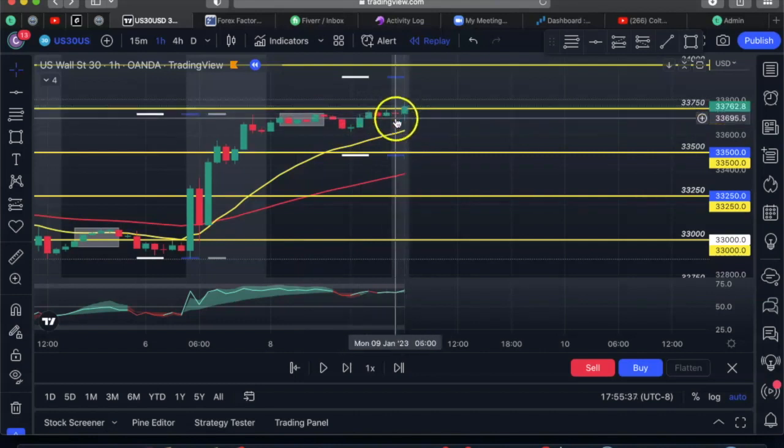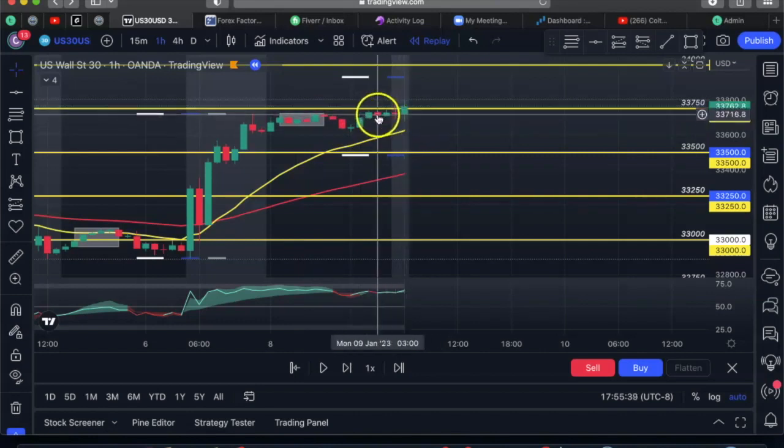We have this doji after 2 bearish candles that dropped, and then our next candle started to come out bullish. So it is nice to look at the 1-hour candle, the 6 a.m. to 7 a.m. candle, because it gives us a little reference on what's happening in the first half of that candle. Is it already starting to push up or push down?